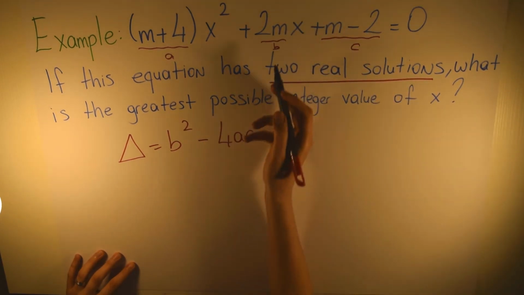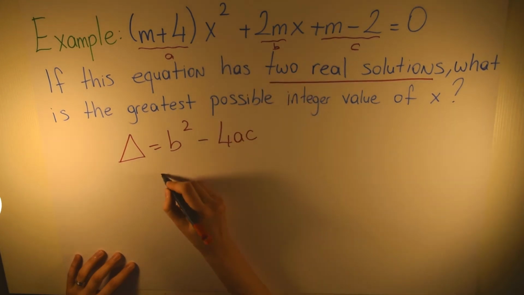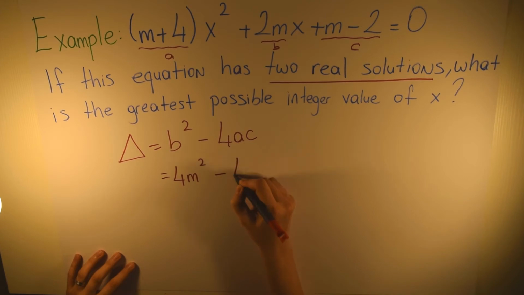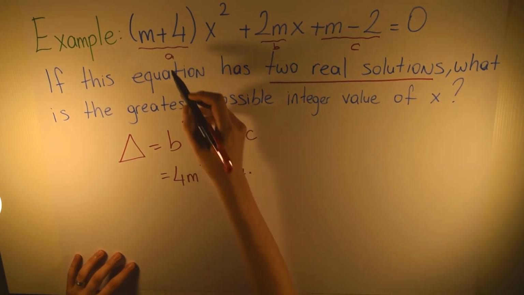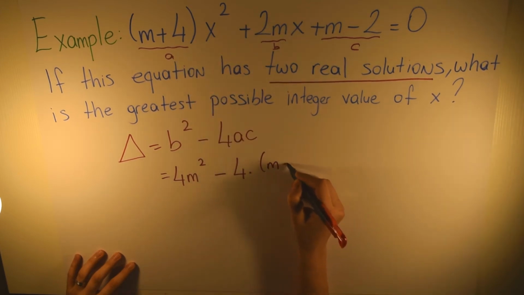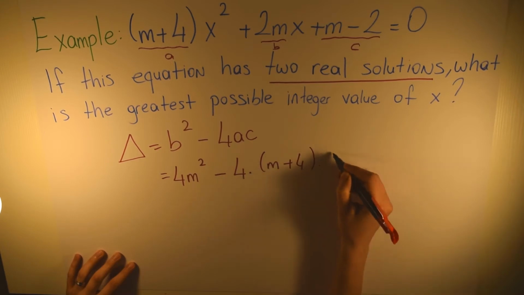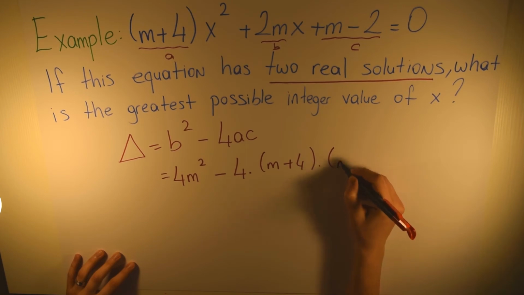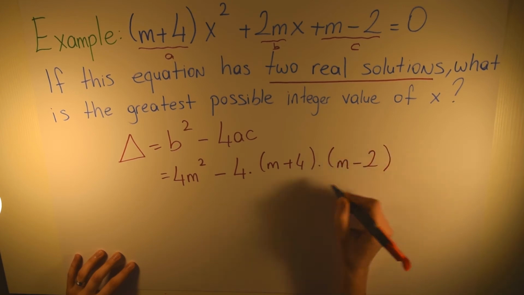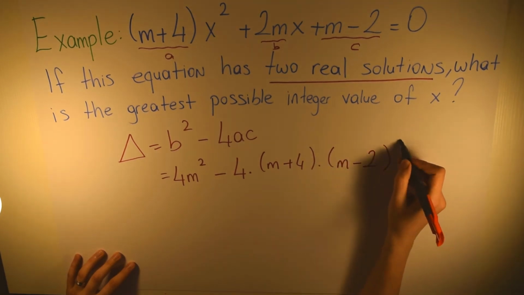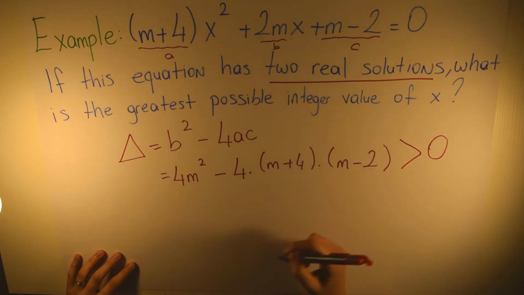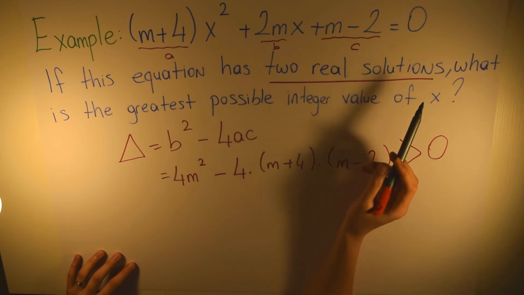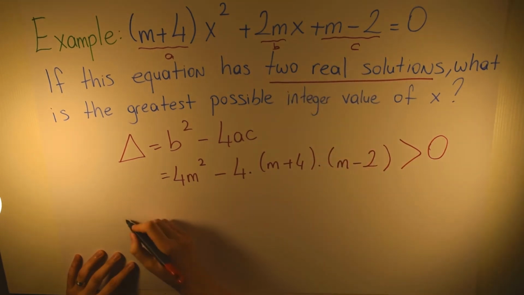So b squared, it's 2m, so it's 4m squared minus 4 times our a, which is m plus 4, times c, which is m minus 2. So when I do that, I have to get something bigger than 0, because it says this equation has two real solutions. So after that, let's continue.